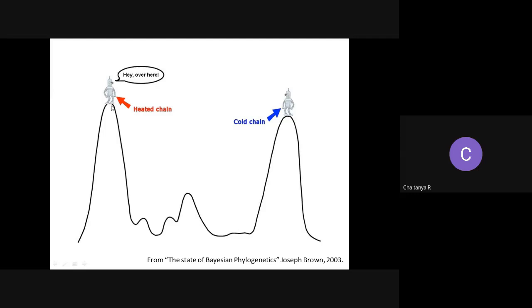However, in this scenario, we realize that the hot chain is at a tree with higher posterior probability than the cold chain. Then there is a communication between these two chains, and then there is a swap. The current cold chain becomes the hot chain, and the current hot chain becomes the cold chain. Is that clear?